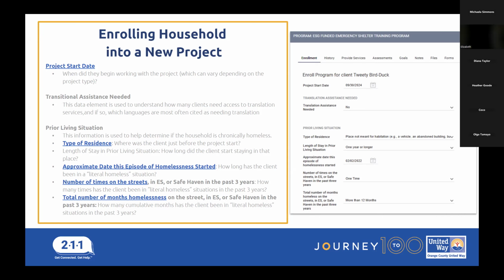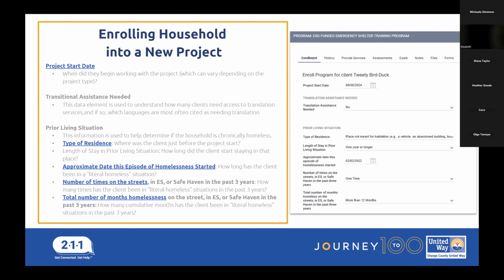Translation assistance needed: this data element is used to understand how many clients need access to translation services, and if so, which languages are most often cited as needing translation. Prior living situation: this information is used to help determine if the household is chronically homeless, so make sure to gather these details carefully.